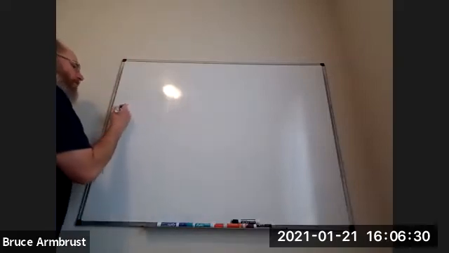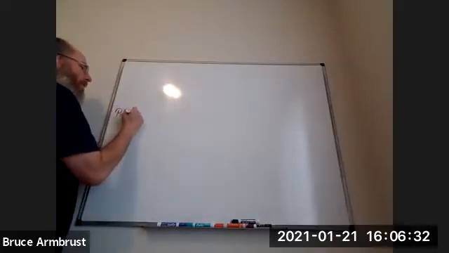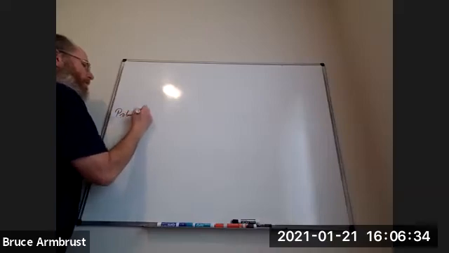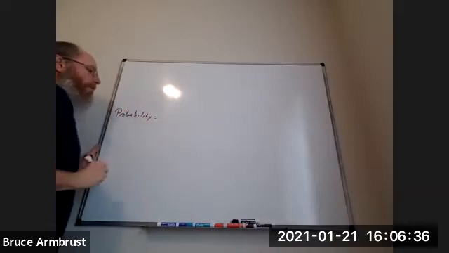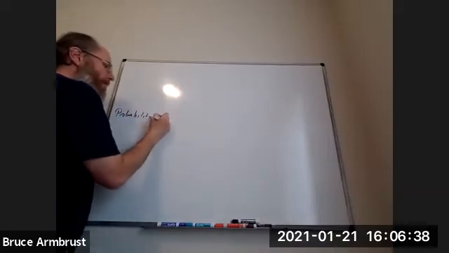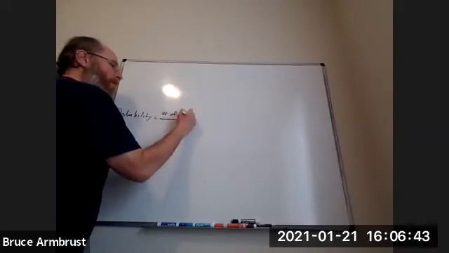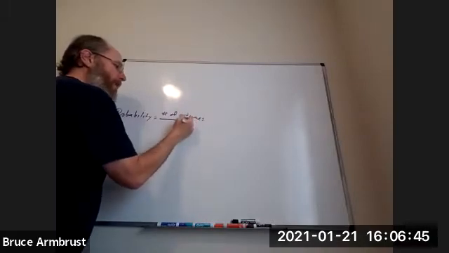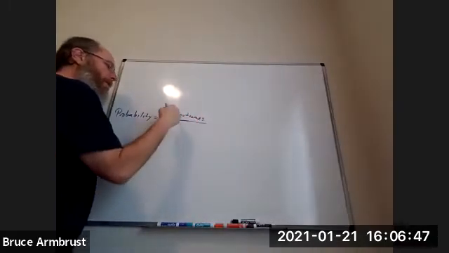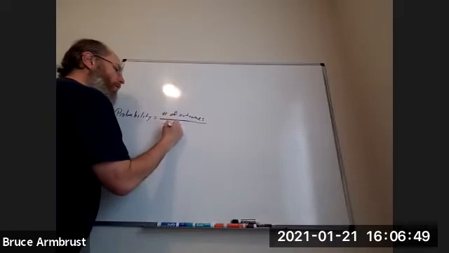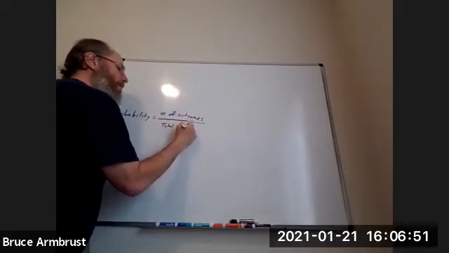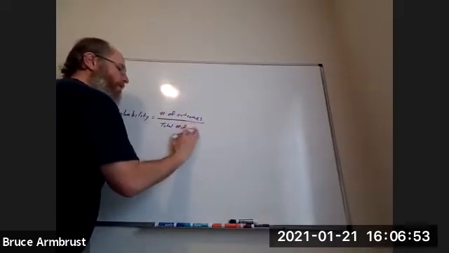Right, so remember, in general, when we want to calculate a probability, what we look at is the number of outcomes of the thing that we're interested in, and we divide that by the total number of possible outcomes.